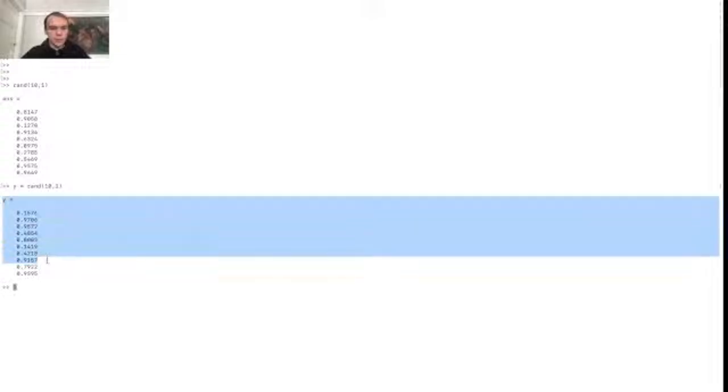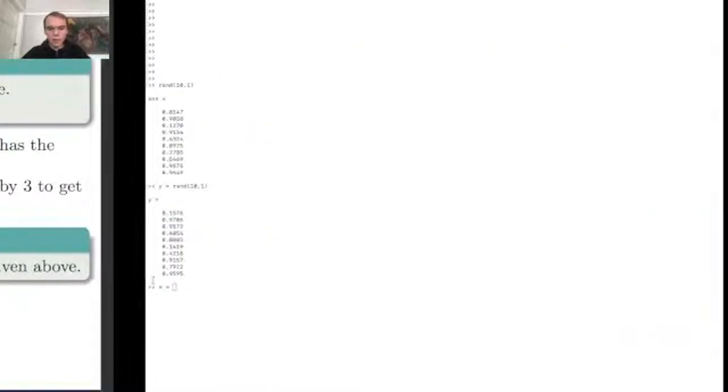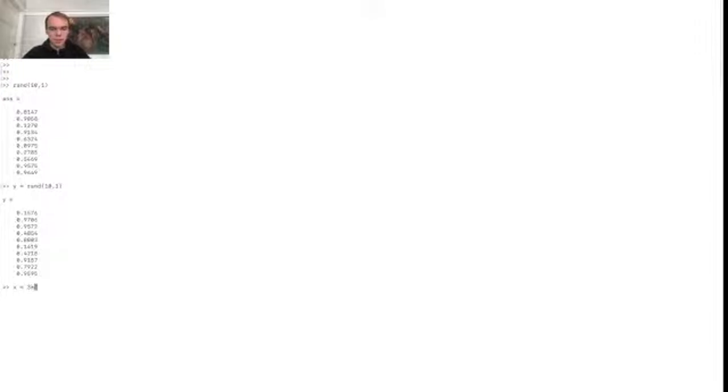So I guess we might as well try this out. We have these uniform random samples here, and then x should be, I think we said, 3 times these uniform random samples raised to the power of a third, so cube root of those.